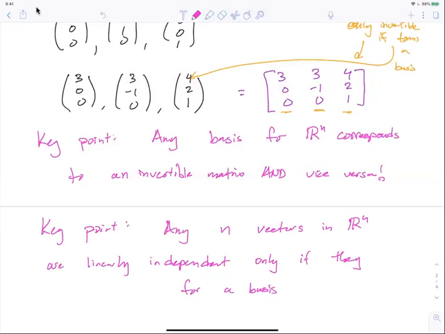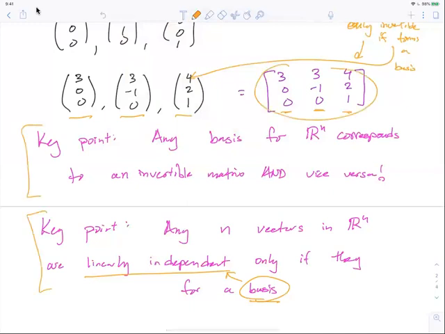So this is combining two concepts together. We have linear independent and basis. And if they form a basis, they have to be linear independent, but it's not clear that they actually span the whole space. So one thing we'll explain in the why video is why it goes the other way. But if I take three vectors in R3, if they're linear independent, they're going to span R3. That's what this says. And by this means the corresponding matrix has to be invertible.